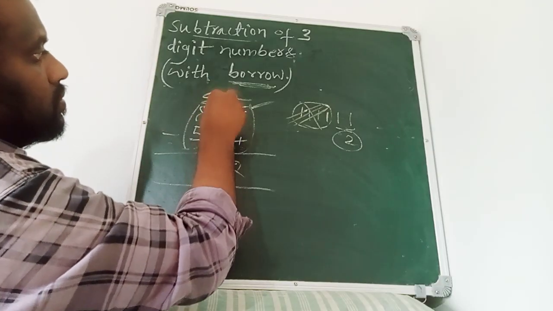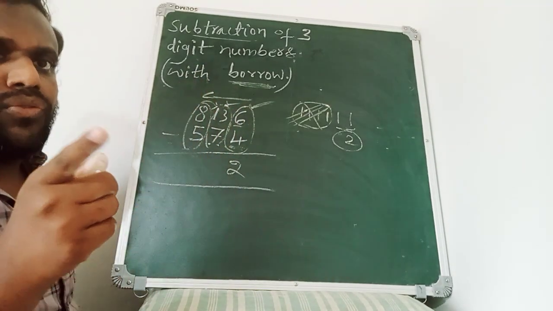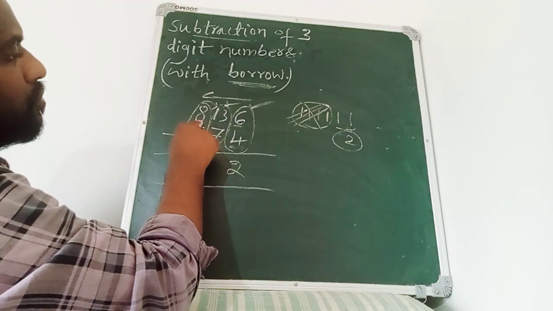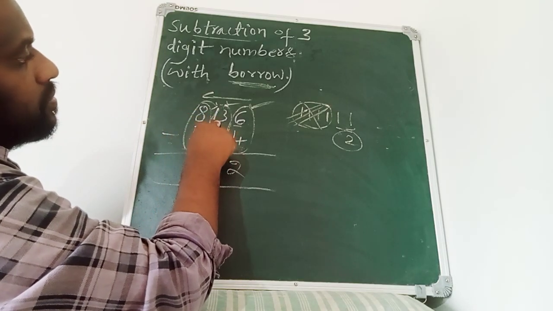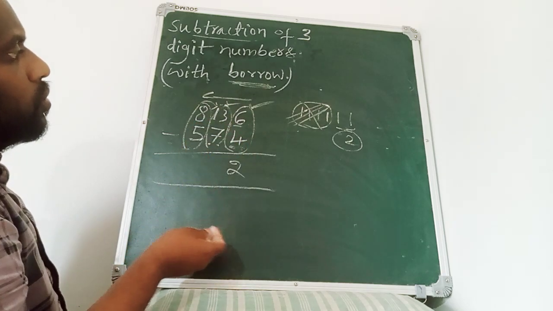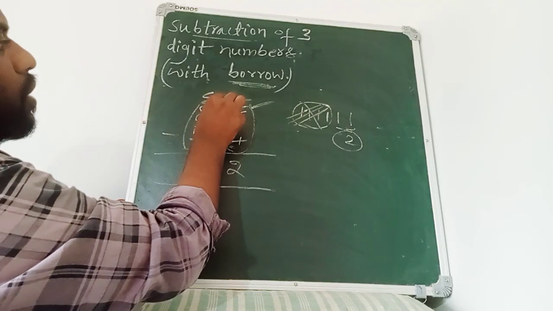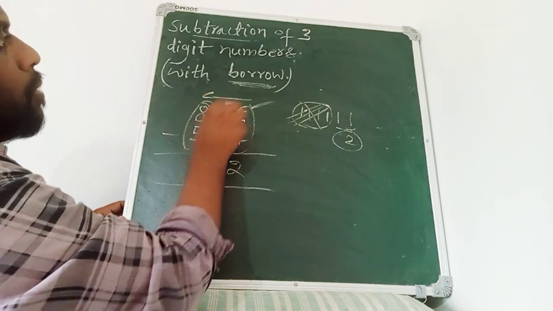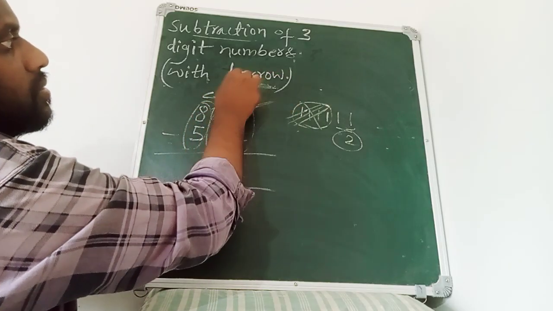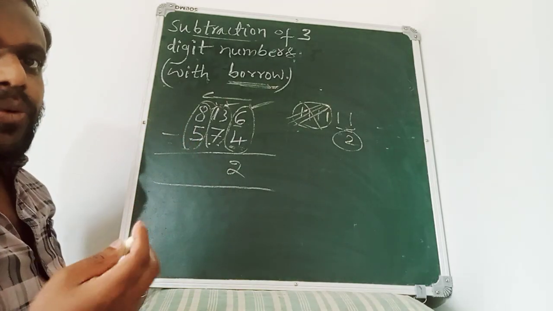From 8 it will take 1. So it takes 1 as borrow. So this 1 is there now. This 1 is called borrow. That's why I said borrow means this. You got it right? What is borrow?